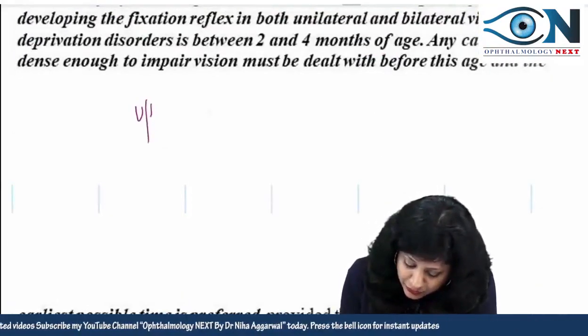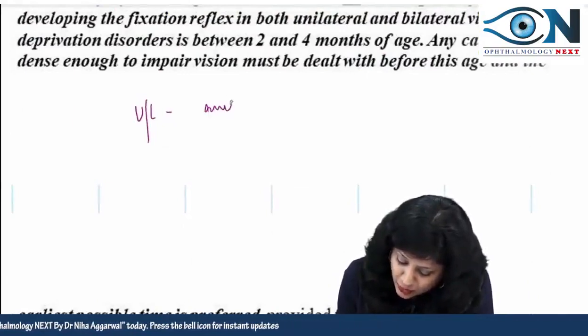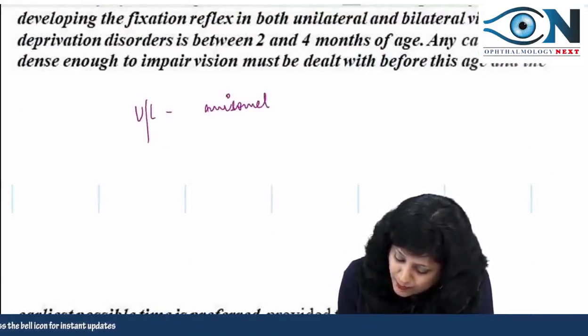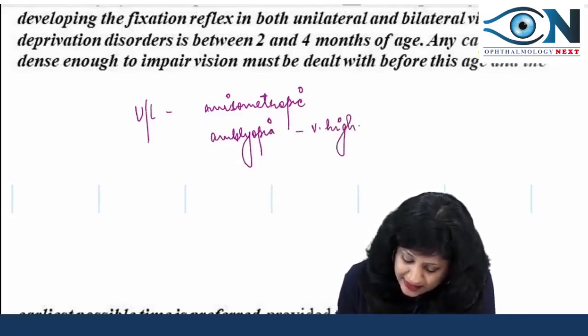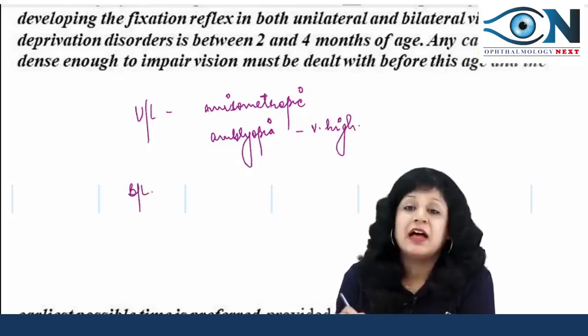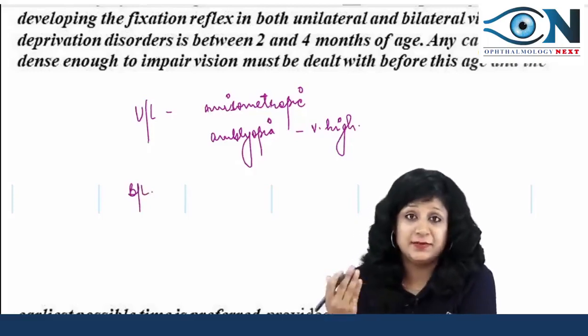Because in the unilateral case we have the chances of anisometropic amblyopia, which are very, very high, while in cases of bilateral cataract, none of the eyes are seeing.